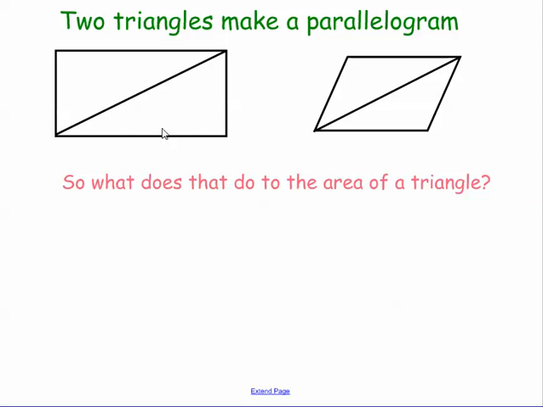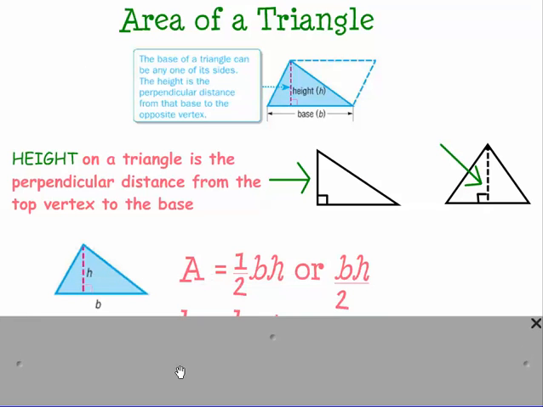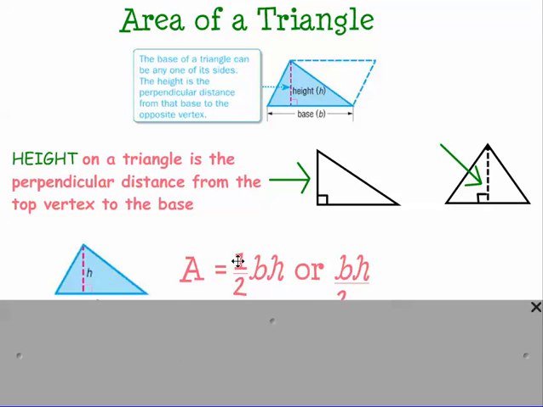All right, so we're going to talk about triangles now. And if you look, here is a parallelogram. Oh, sorry, this is a parallelogram and a rectangle. What do you notice about if I cut it in half? Okay, it forms two triangles, right? Okay, so my formula, let's see if this makes sense to you. So the area of a triangle is 1/2 the base times the height.